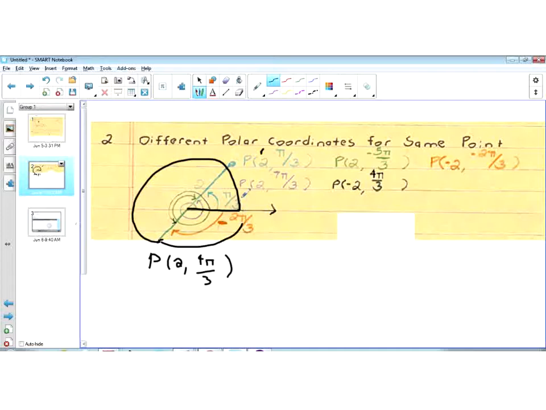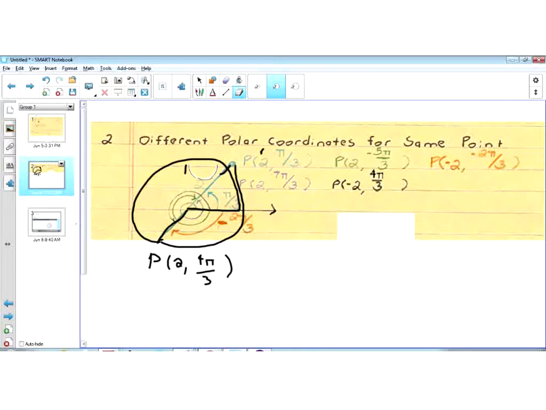And so when we do so, this terminal side of the angle will be coterminal with the terminal side of this angle formed by the blue ray. So that's how we deal with -2, 4 pi over 3.